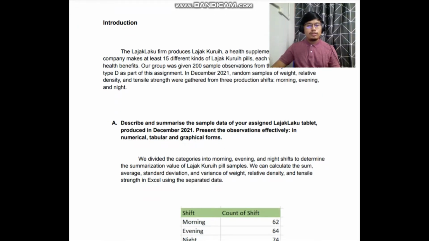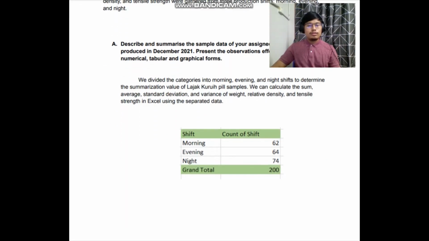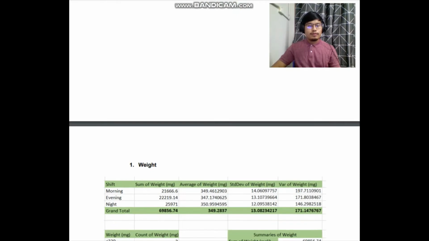For question A, first, we separate the categories into 3 shifts, which are morning, evening, and night, from the 200 samples. From this data, we can see that the night shift has the highest count.